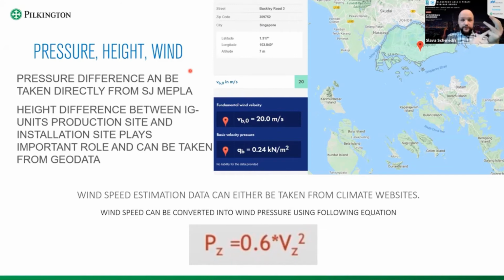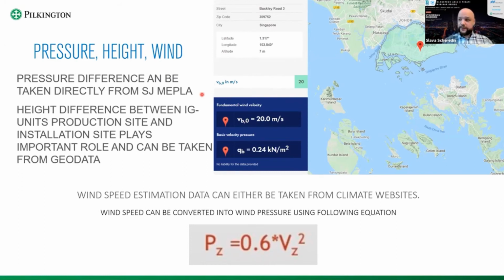So temperature, pressure, and height difference, plus the wind. For wind, we can use normal climatic data from websites dealing with weather to see average wind conditions.